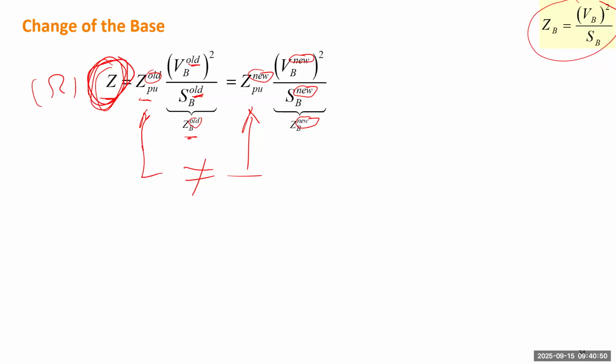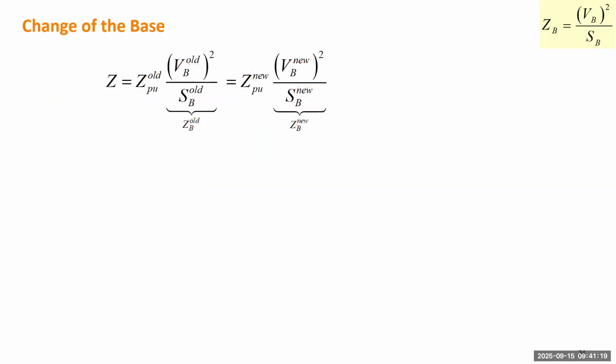This tells us we can select any base value. We don't have to make the base exactly the rated value or some value they typically use. For some purpose, we can choose a different voltage or power value as the base. That will give us a different per unit value, but it doesn't affect the actual physical value.